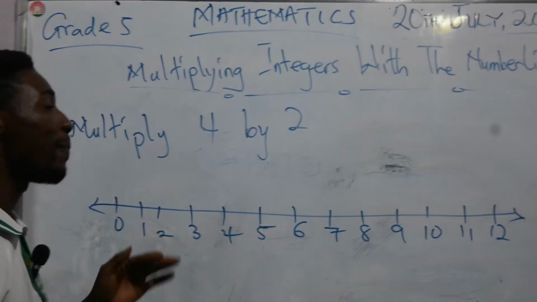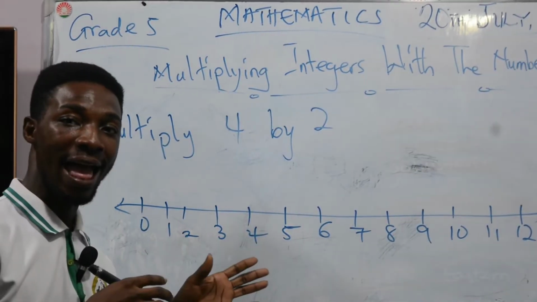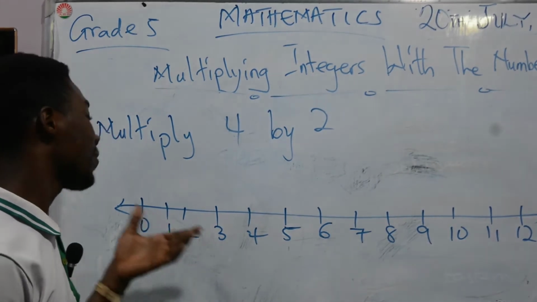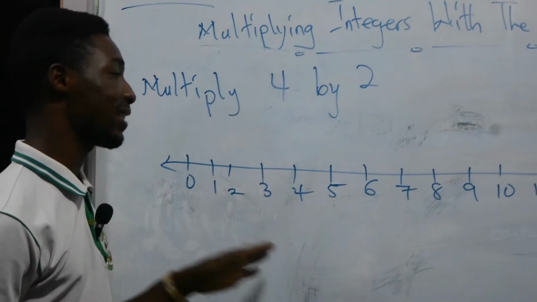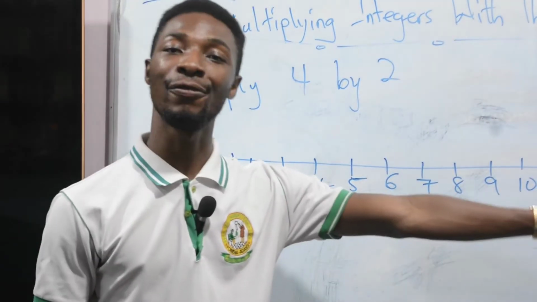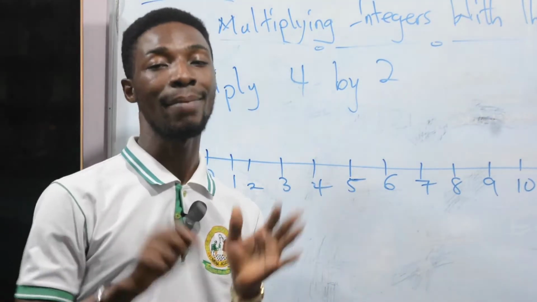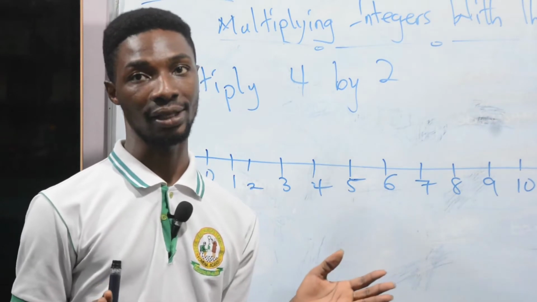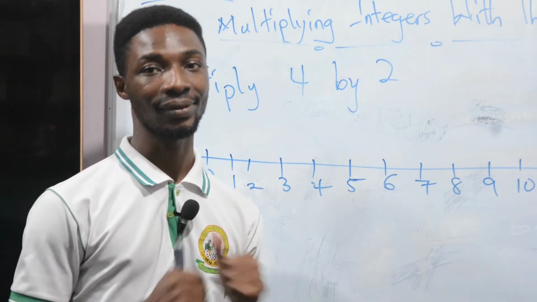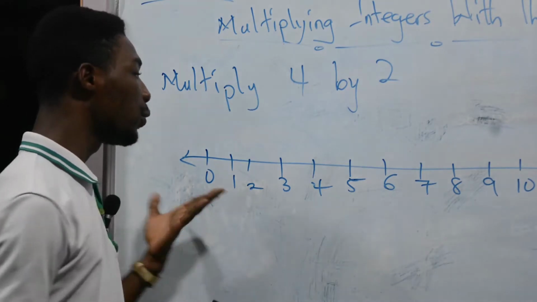If your numbers are between 0 and 10, then you have to number from 0 as much as 12 or 15 or 20 on your number line, because you don't know how the magnitude of your answer is going to be. Okay, how do you do this?